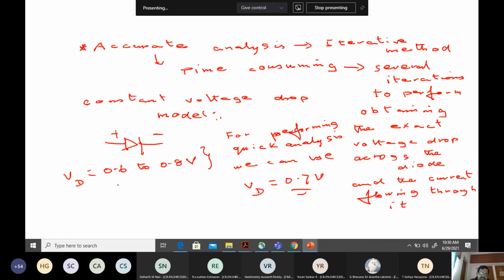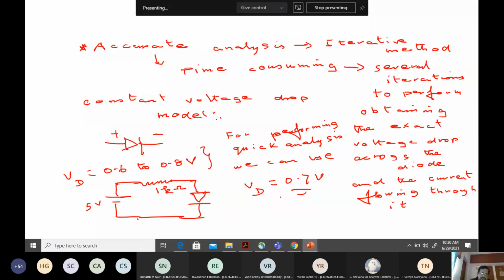For example, if I have a circuit like this, let us see this. So this is a 1 kilo ohm, say this is 5 volt, and this is my diode connected in forward bias. Now, if I want to find the current that flows through this, all I need to do is use a simple equation.